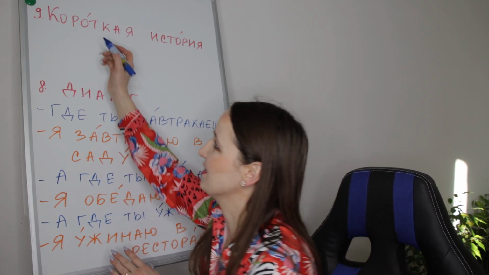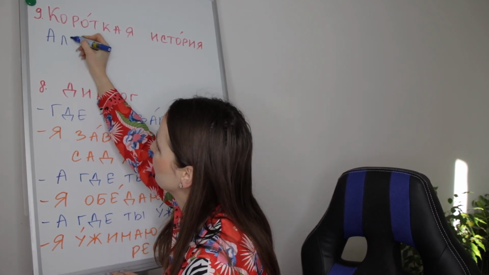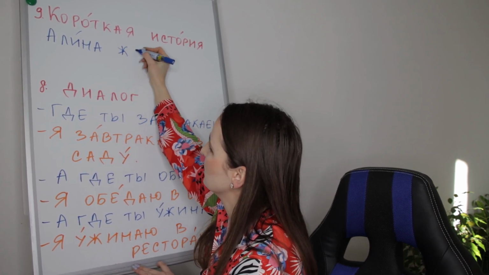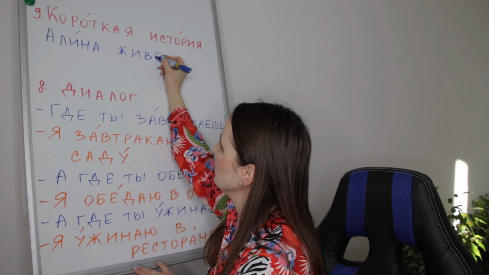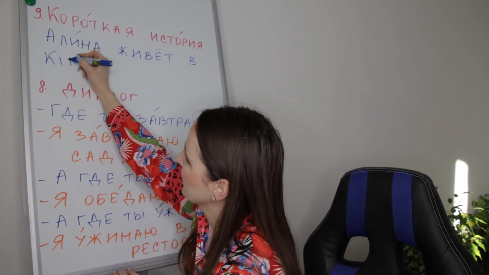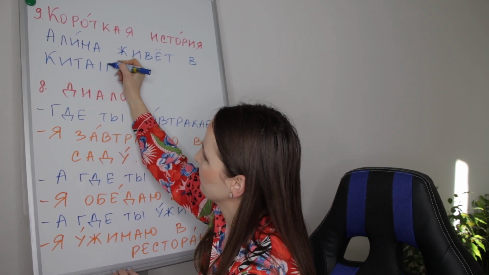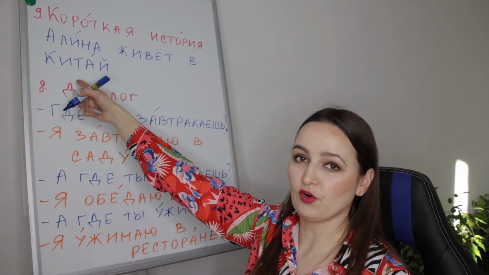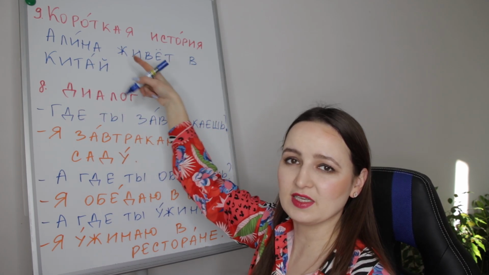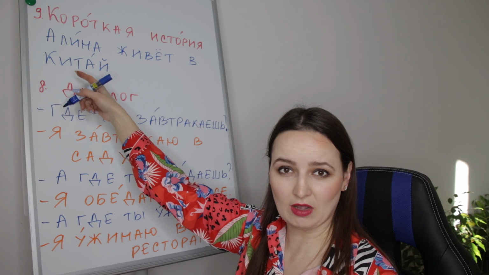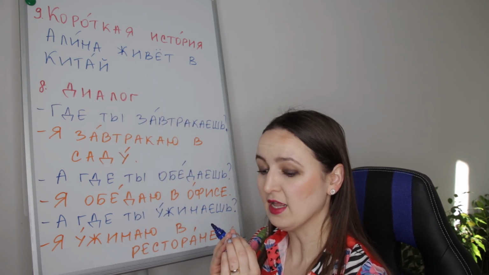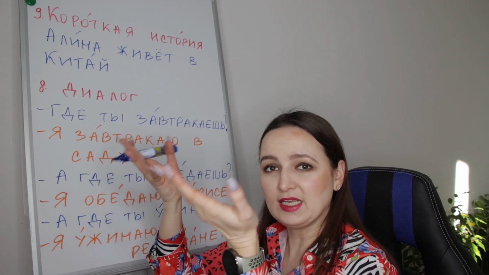Alina lives in China. Алина живет в Китае. Right now it's incorrect. We can't leave it like that. In English it sounds okay, but in Russian you have to show that China answers the question where, and it's a place.